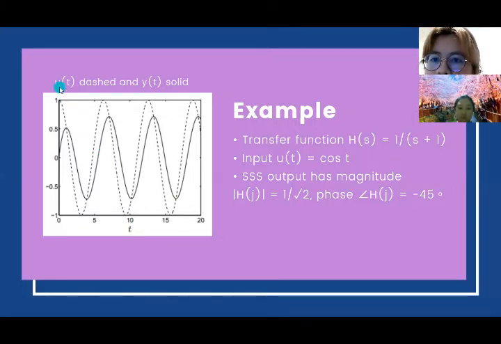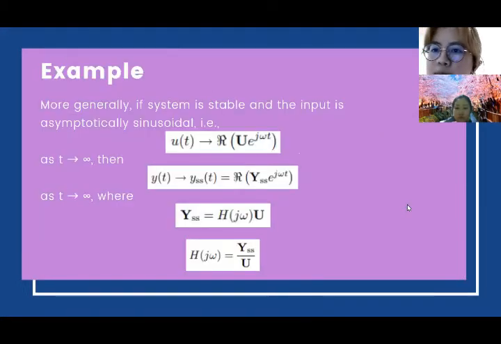In here, u(t) is expressed as the dashed line, meanwhile y(t) is expressed as the solid line. The transfer function is H(s) equals 1 over s plus 1. Input u(t) is cos t, and the output has magnitude |H(jω)| equal to 1 over square root of 2, and the phase of H(jω) is minus 45 degrees.